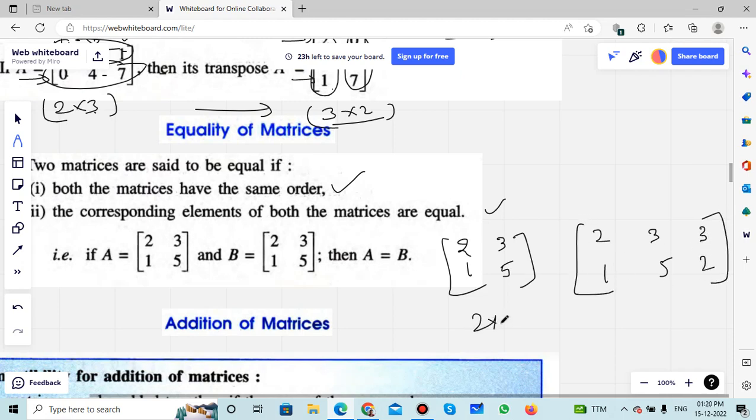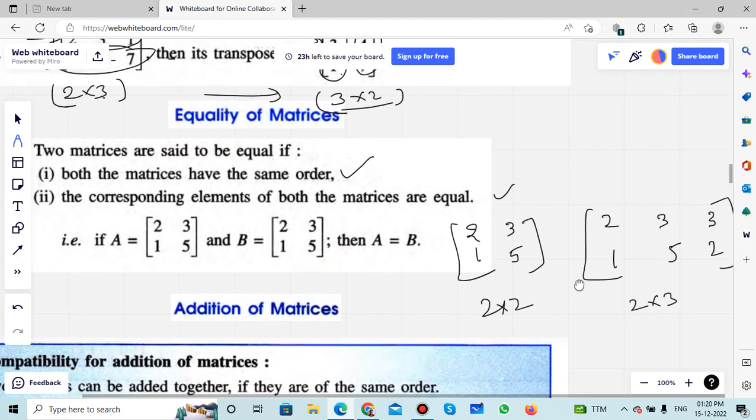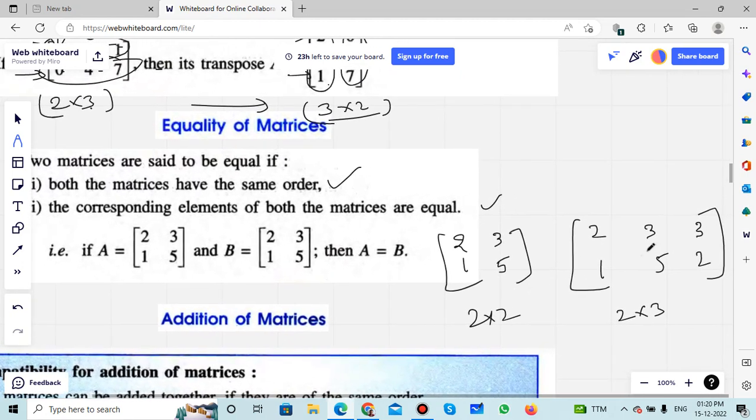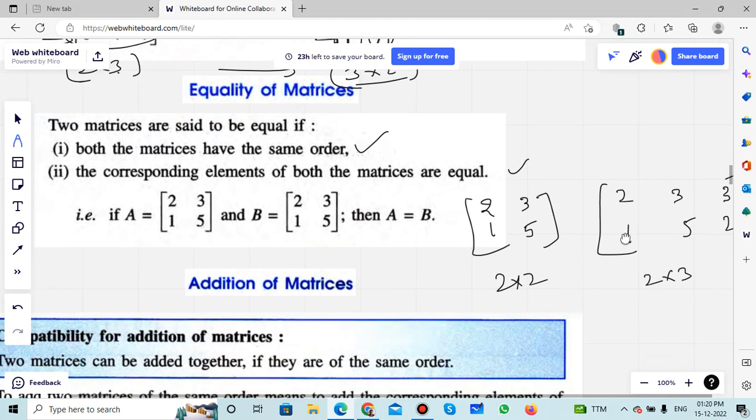The order is 2 by 2 here, and here it is 2 by 3. So if the order is not the same, then we cannot say the two matrices are equal. If the order is the same and the elements are also the same, then only they will be equal.